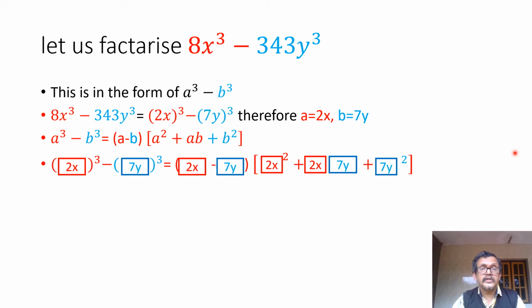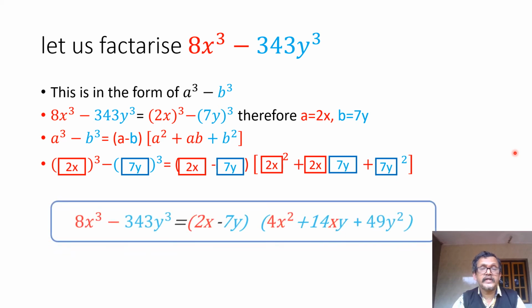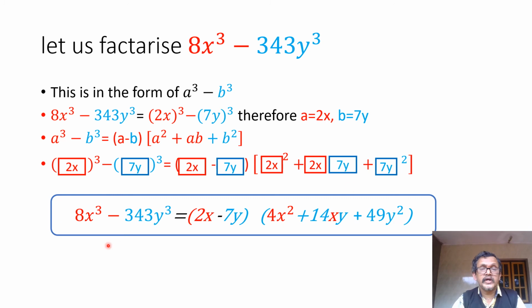Therefore 8x cube minus 343y cube equals 2x minus 7y into 4x squared plus 14xy plus 49y squared.